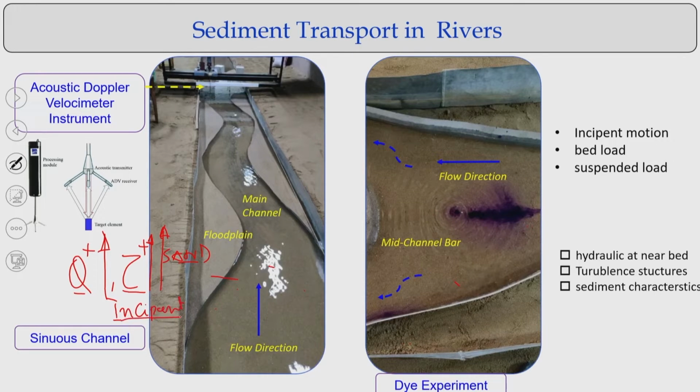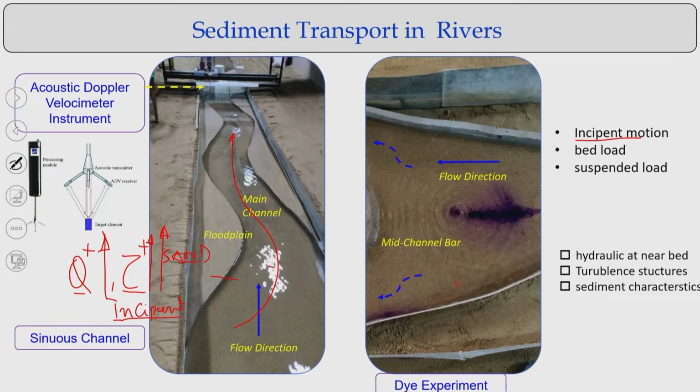That means this is the period when the bed load starts moving. Further, if you increase the discharge, you can see a series of bed materials move along the river.